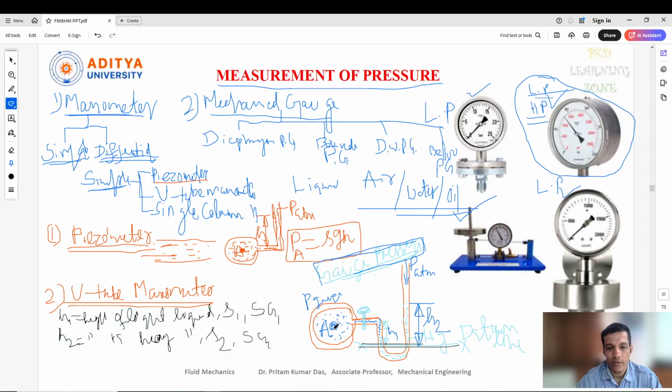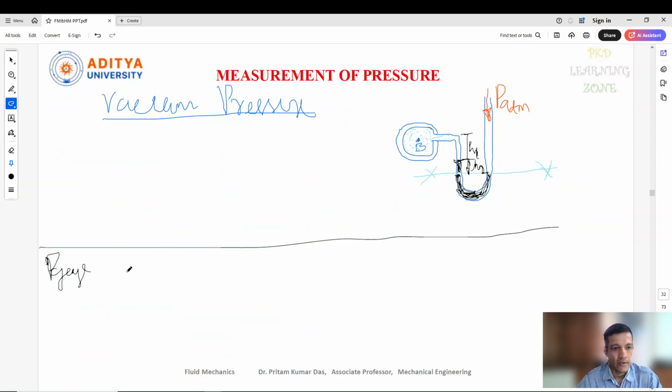On the left side, there is the pressure inside the pipe, suppose this is PA, plus the pressure of the liquid with height H1, which is rho G H1. So the pressure at the left side manometer we can write as PA plus rho 1 G H1.